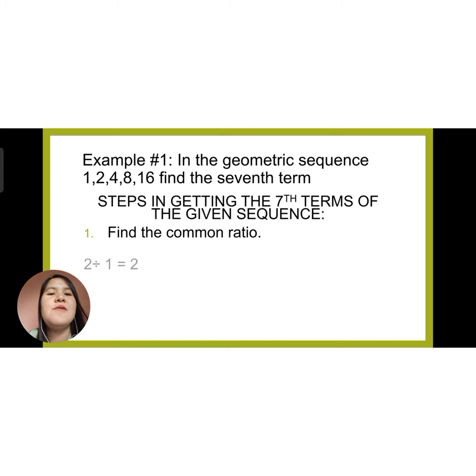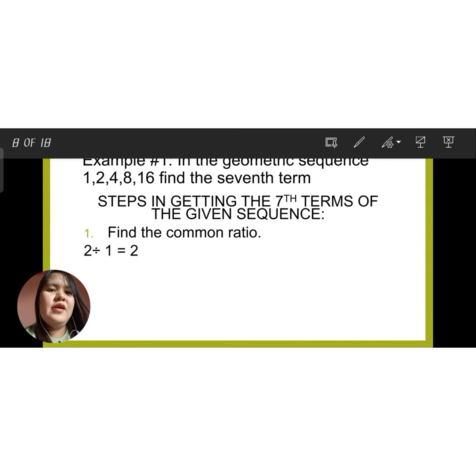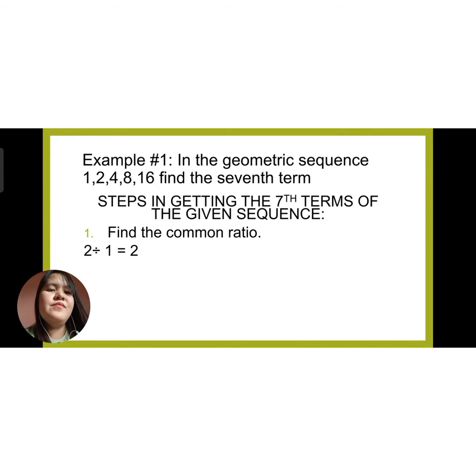So, let us look. We have here the sequence 1, 2, 4, 8, and 16. All we have to do is divide 2 by 1, 4 by 2, 8 by 4, and 16 by 8. Let me show you. We have 2 divided by 1, which gives us 2.